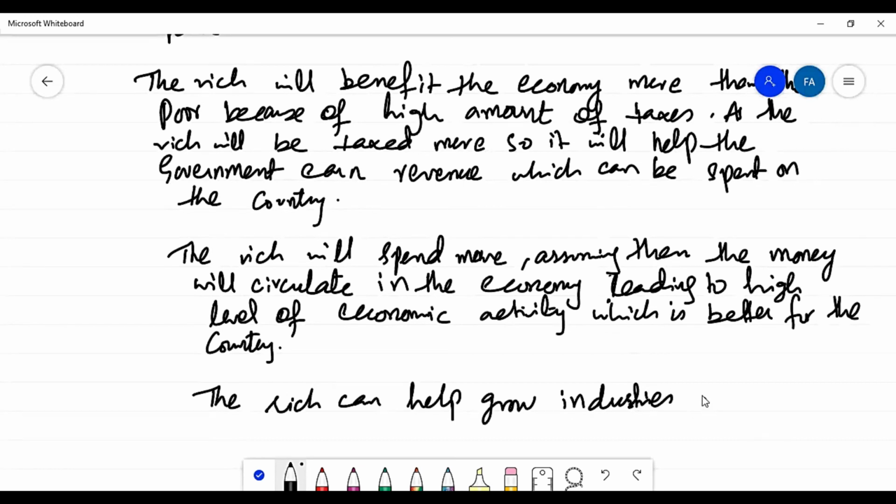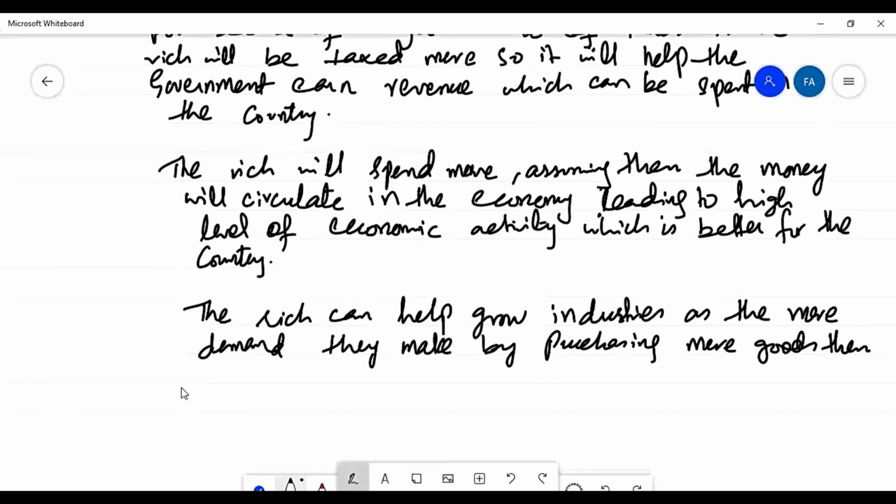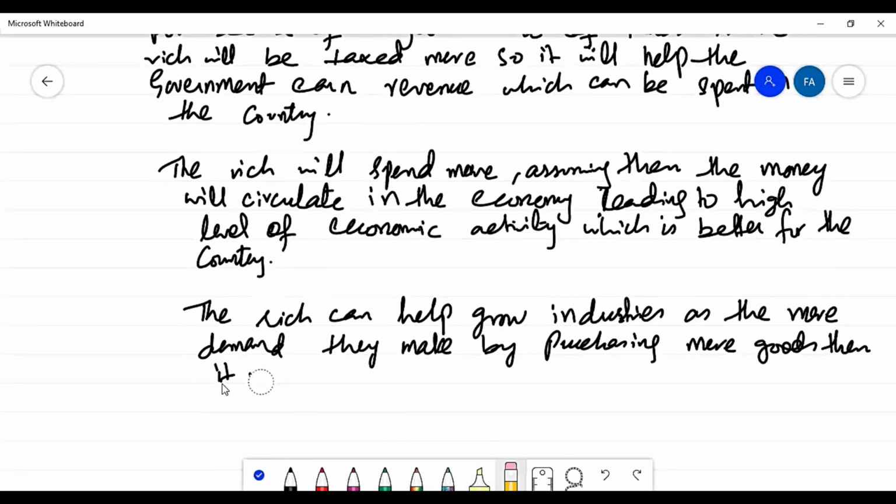The rich can help grow industries as the more demand they make by purchasing more goods, then it will encourage the businesses to grow more.